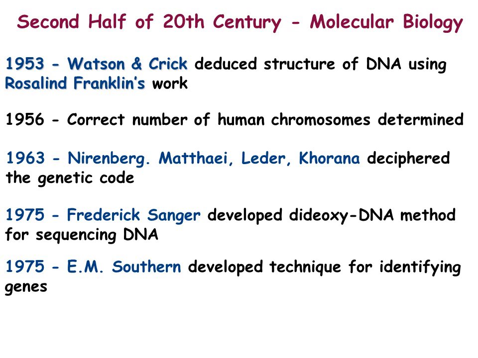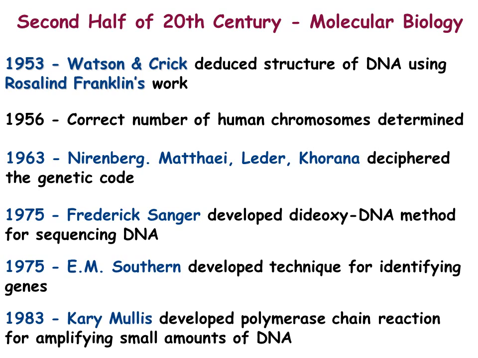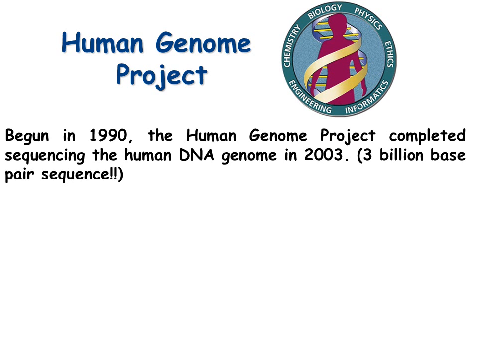Also in 1975, a man by the name of Edwin Southern developed a technique for identifying genes. And then in 1983, Kary Mullis developed the polymerase chain reaction for amplifying small amounts of DNA. So going from just barely knowing the genetic code in 1963 to a way to actually amplify small amounts of it in 1983, 20 short years is incredible.